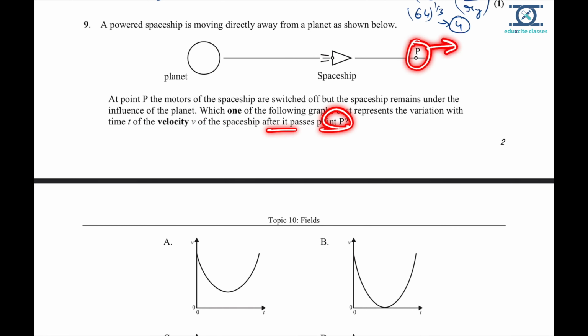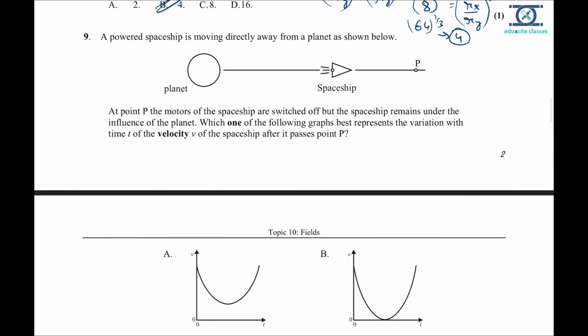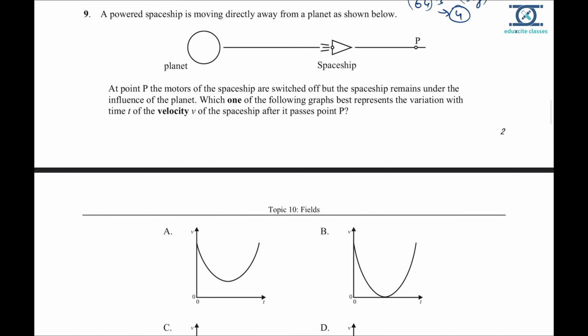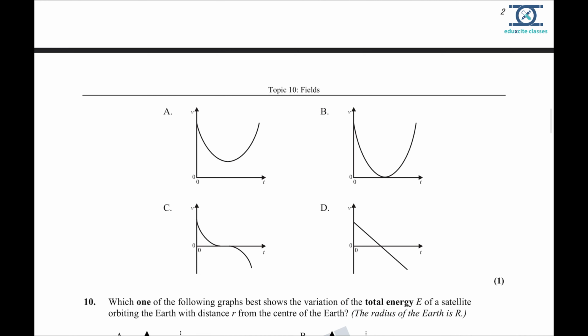After it passes point P, as you are moving away, the potential, or you can say the gravitational force, decreases because it is an inverse square law. So velocity will also decrease as it is moving away from the field. Among the given options, here it is moving, it has a certain velocity, and then it is moving like this.